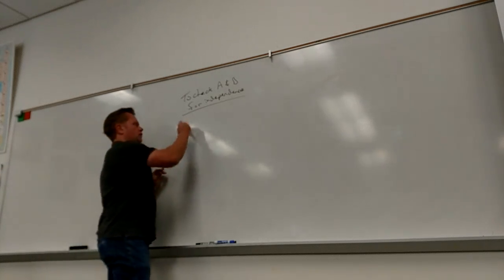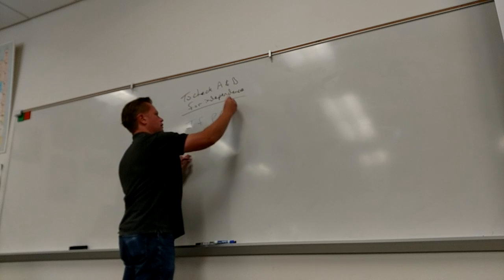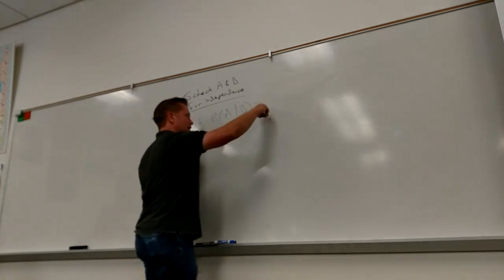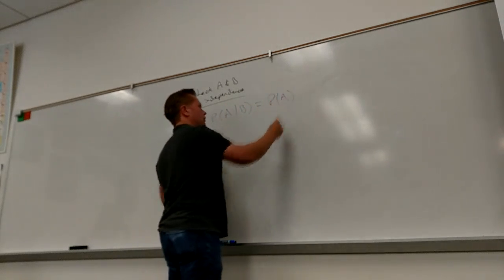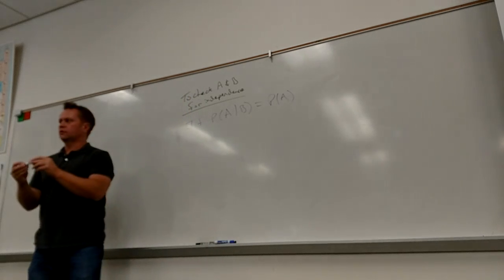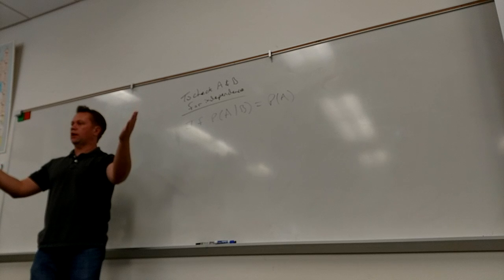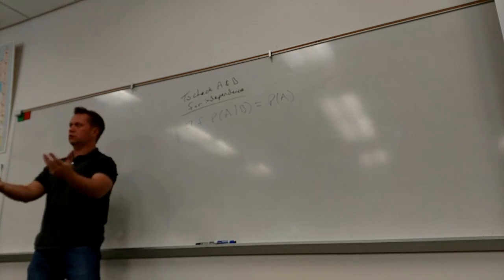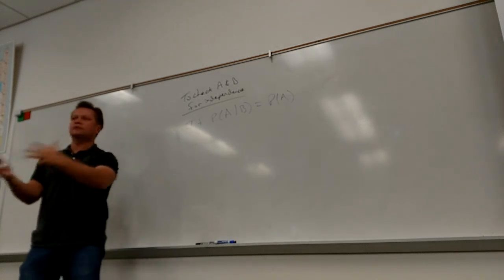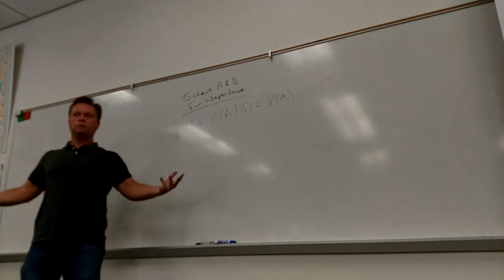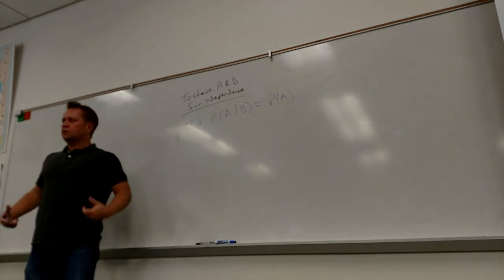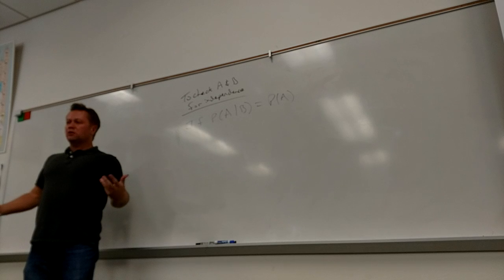So if the probability of A given B is still the same as what the probability of A was before B happened, then effectively A doesn't care that B happened, right? So how should we determine that? What should we call that? If A doesn't care that B happened, that would be independent. It actually makes sense with our language.